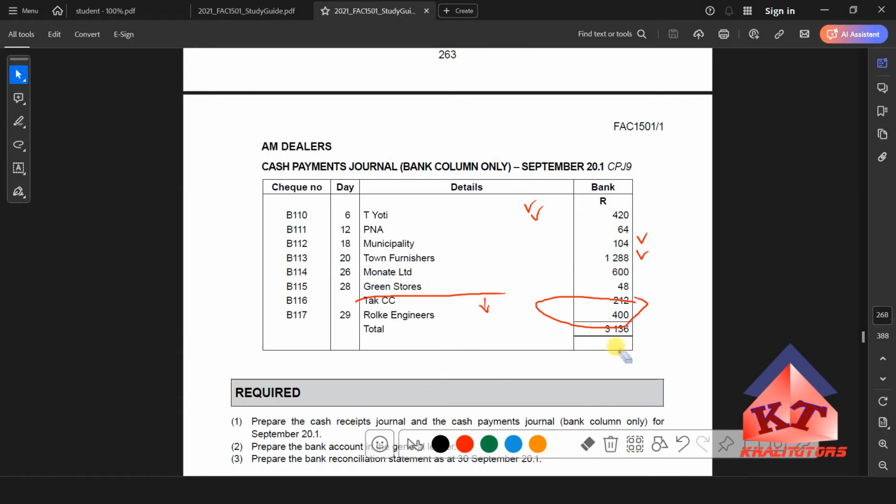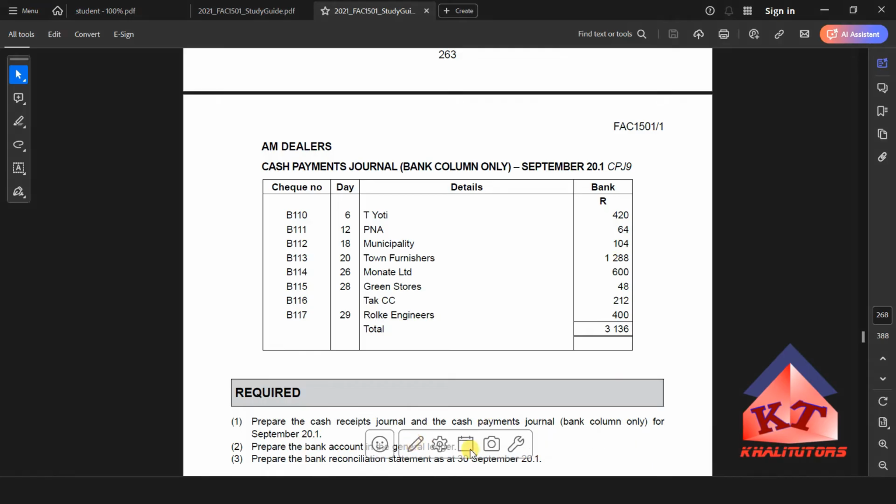You'll simply mark whatever is in both the cash payments journal and the bank statement. In this case, all these ones are in both.